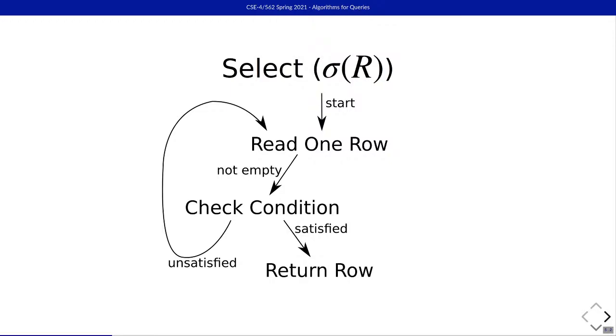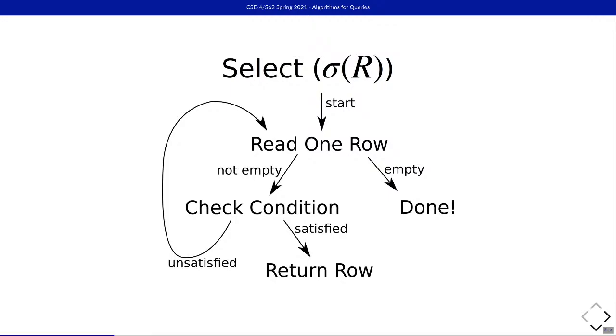The other possibility here is that when we try to read the next row, there are no more rows to be read, in which case the selection is done, and we can tell the next operator above us that there are no more records to be read as well. So this is a really basic state machine for the next operator in the query.